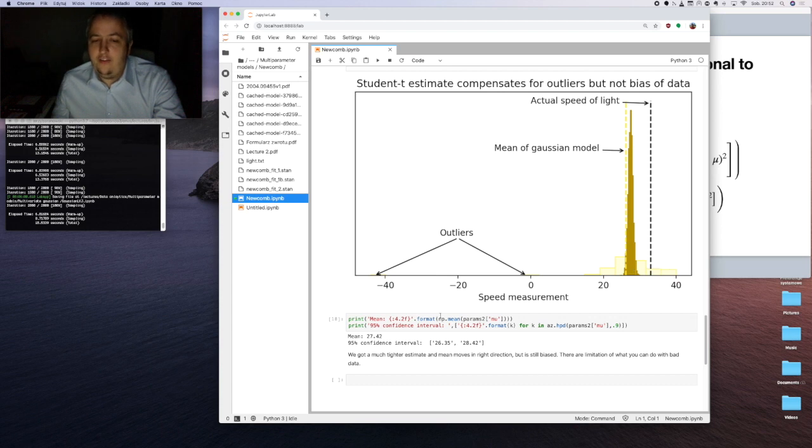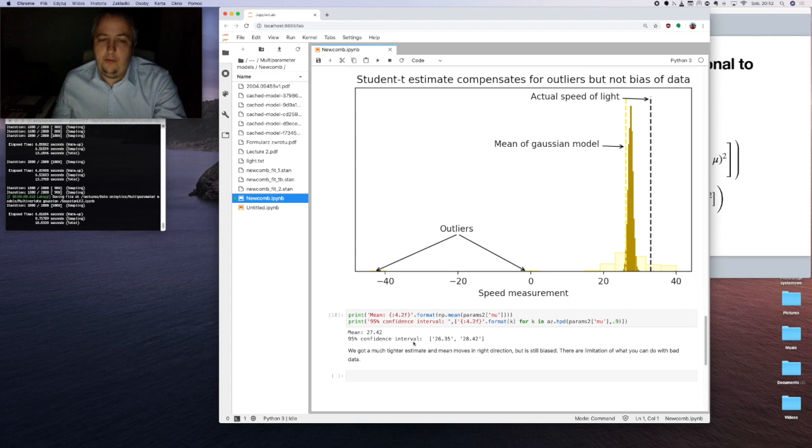In this case, the mean of our marginal distribution for mu, so for the speed of light from our model, really is at 27.42. The result that would actually be good for us would be 33, so it is still outside of our confidence interval, but we've got more from our model. We got a tighter confidence interval, moved in the right direction, but it is still biased by the quality of the experiment.